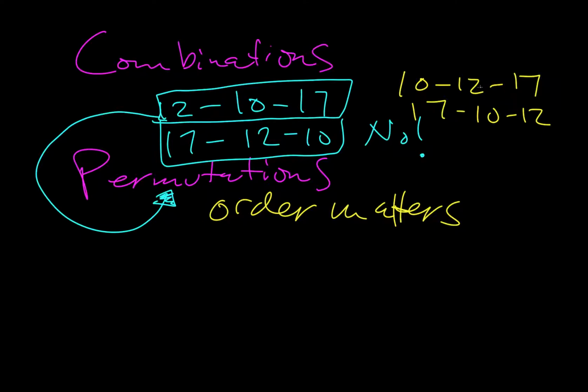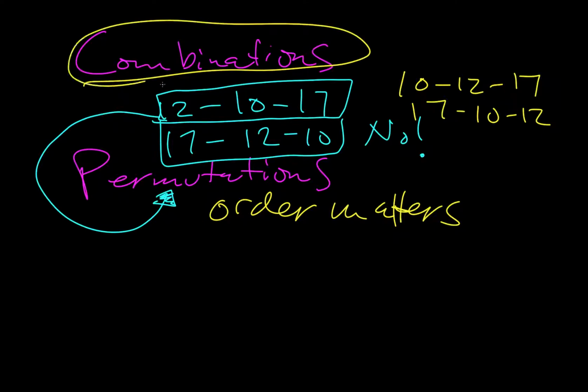So these would all be considered the same combination. But because these would be considered different combinations in the real world, mathematically they're actually defined as permutations. And so a common combination lock actually uses permutations instead of combinations.